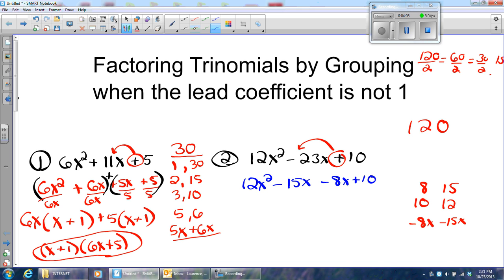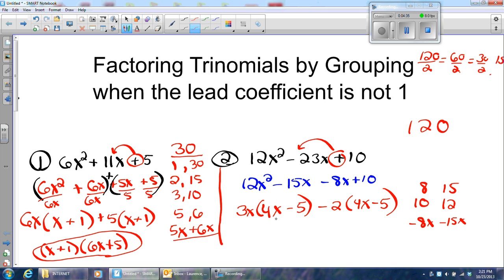All right, going to look for GCFs. It looks like the GCF of the first group will be 3x. I'll divide out a 3x. I'll be left with a 4x minus 5. Here, my coefficient on x is negative, but in this quantity, it's a positive. That's a hint that I've got to factor out a negative. I'm going to factor out a negative 2. And I'm going to pull out being left with a 4x minus a 5.